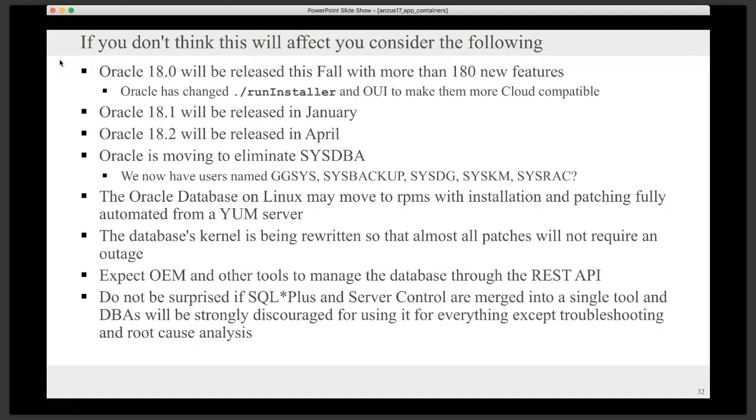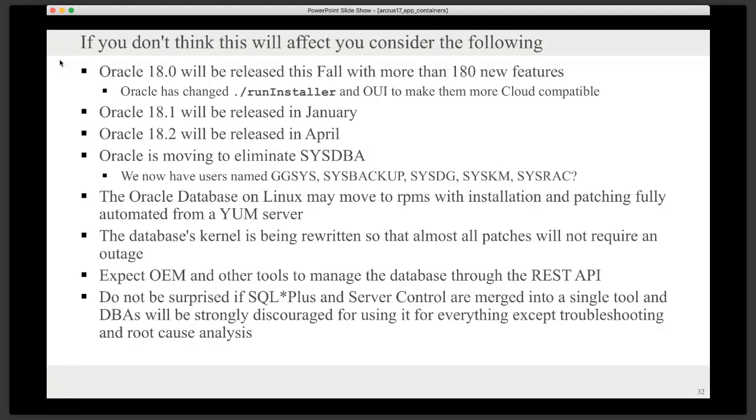We're also hearing that Oracle may convert the database into RPMs for delivery and migration and patching and upgrades via a Yum server. We're hearing that the database kernel is being rewritten so that almost all patches will not require an outage going forward.